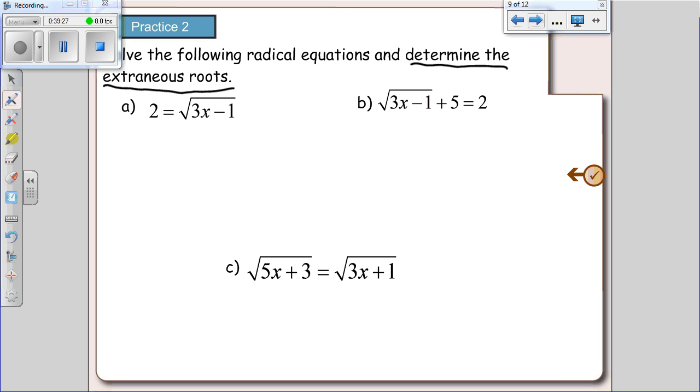We square both sides. We get 4 is equal to 3x minus 1. We move the 1 to the other side. We get 3 is equal to 3x. Oh, I added.